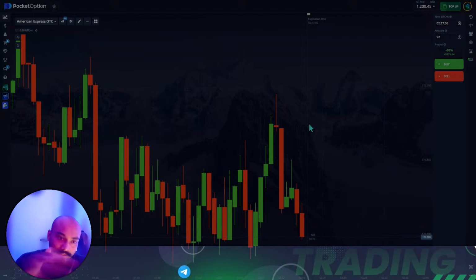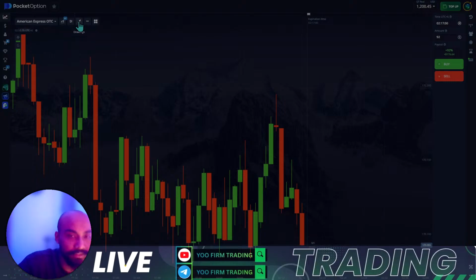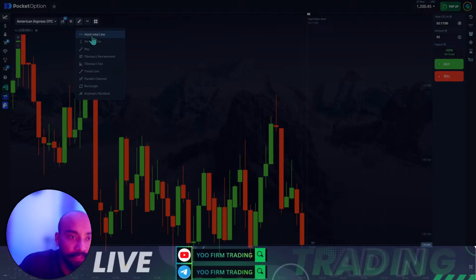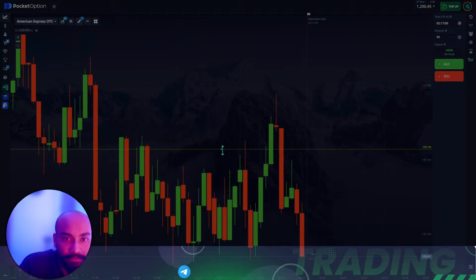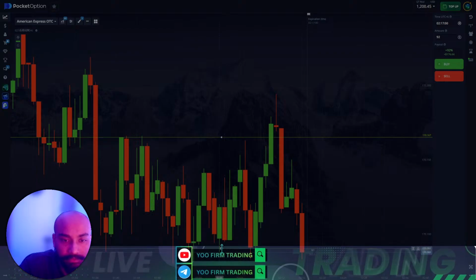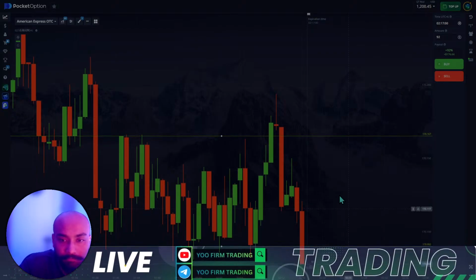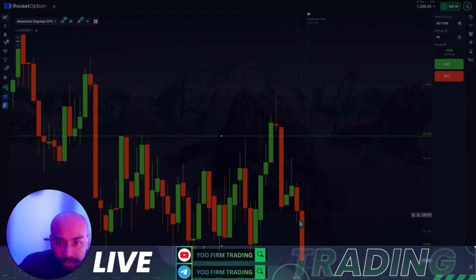So this market has lots of congestion in there. Let me just draw that for you. The horizontal line would be here, and let me draw another one. So it is like this, and it is like this. So it's trying to break it, right? There's lots of pressure in it, right?